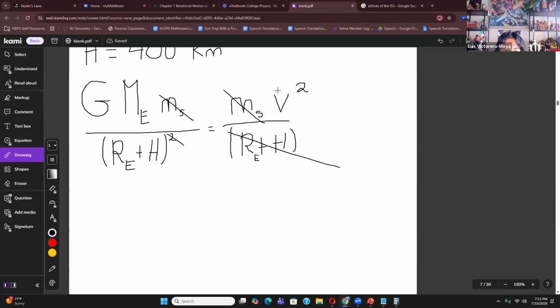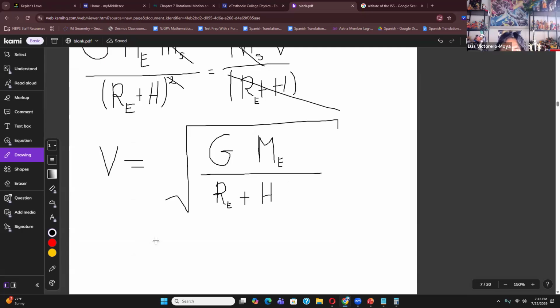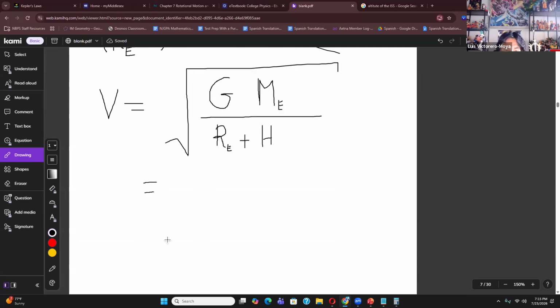So my V is the square root of the G value, the gravitational constant, the mass of the Earth divided by radius of the Earth plus the height of the satellite. So the only thing you guys have to be careful is when you substitute the values.